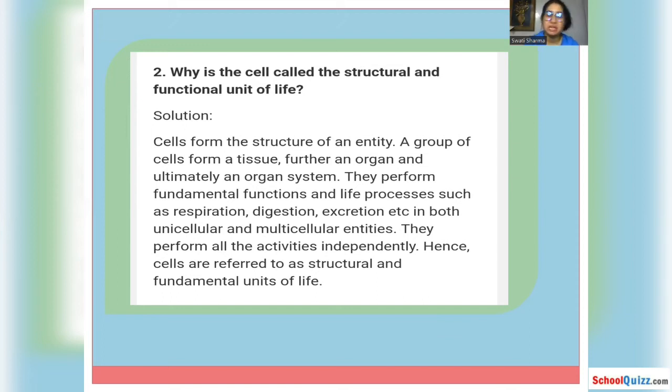That means these cells are not dependent on each other for these to be performed. In short, we can say that the cell is something which provides a fixed structure to a living organism, and various types of functions are performed independently inside the cell. Hence, we can say that the cell is the structural and functional unit of life.